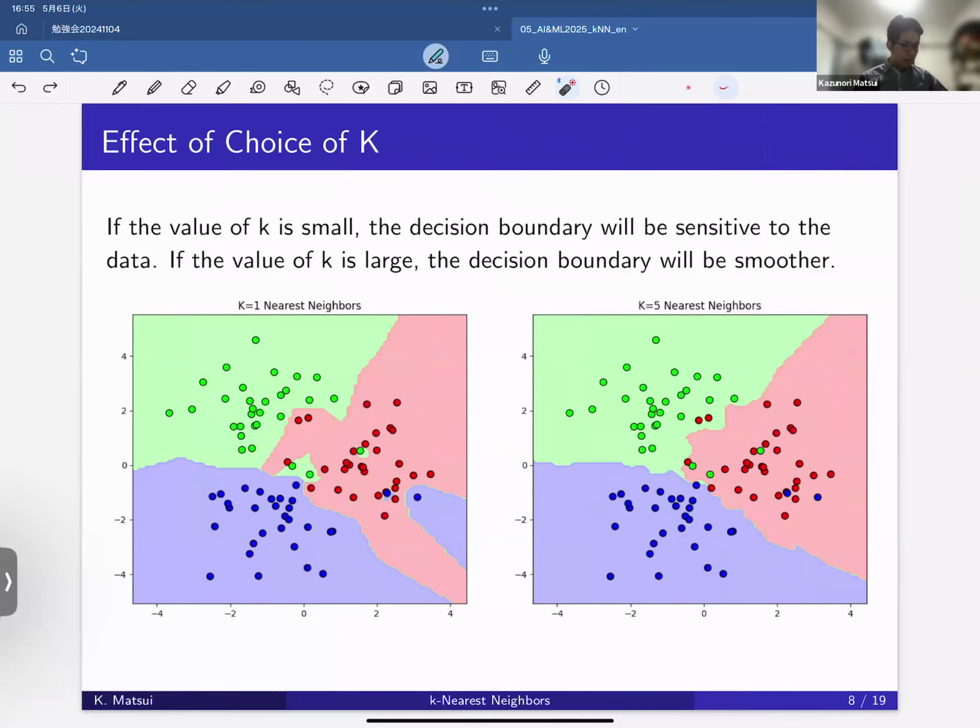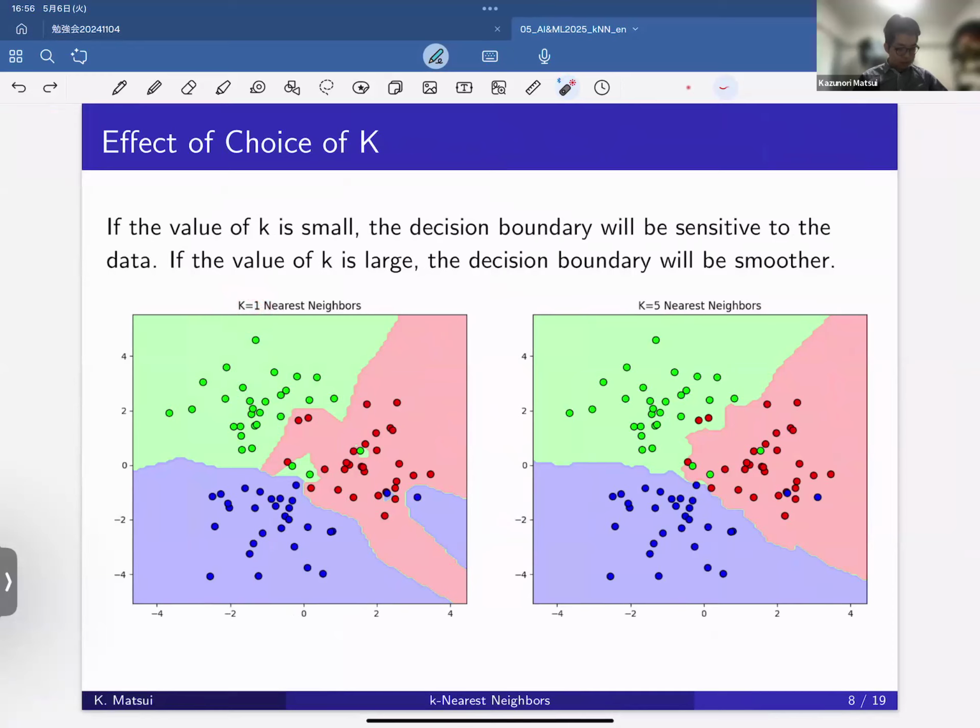Let's consider how the result changes depending on the choice of k. The smaller the value of k, the more the prediction is influenced by nearby data.